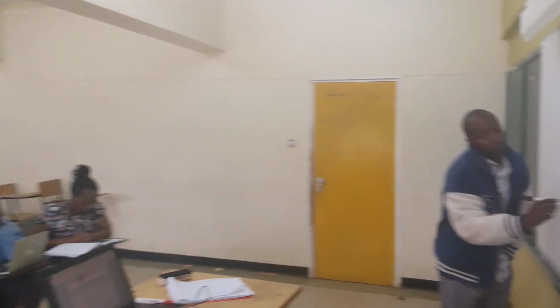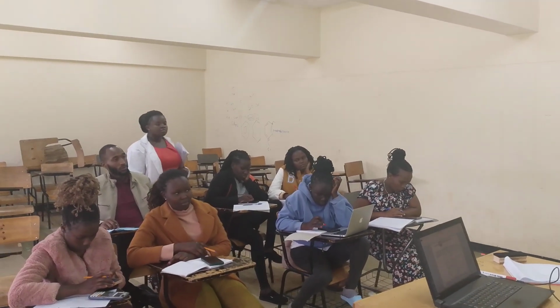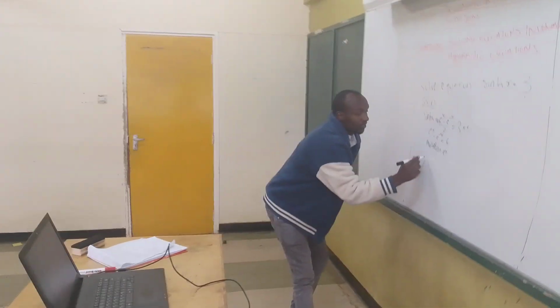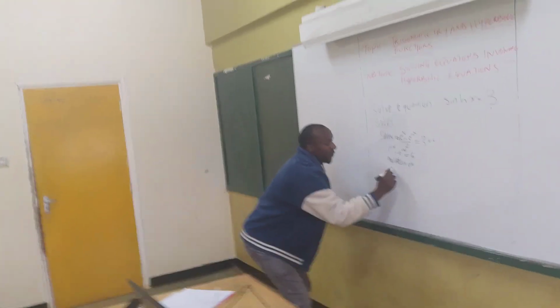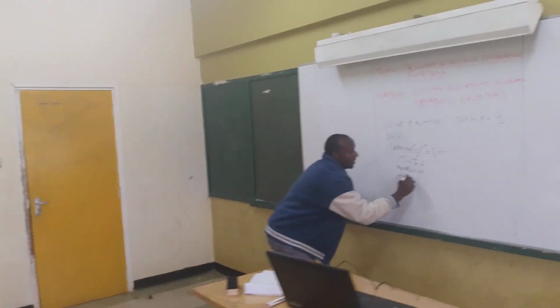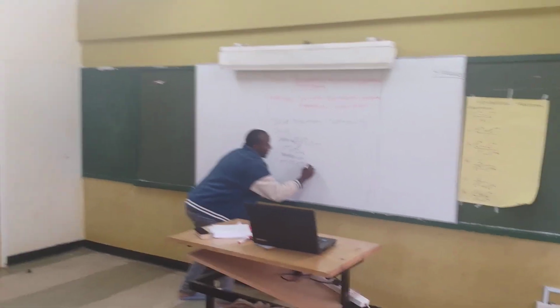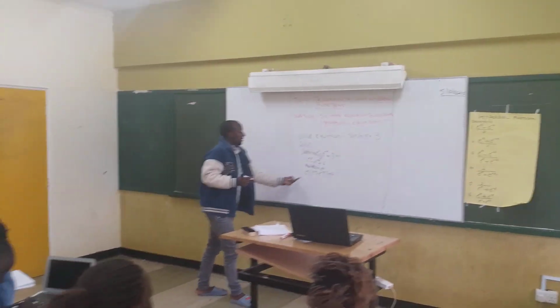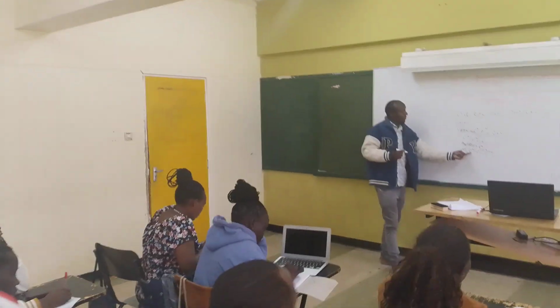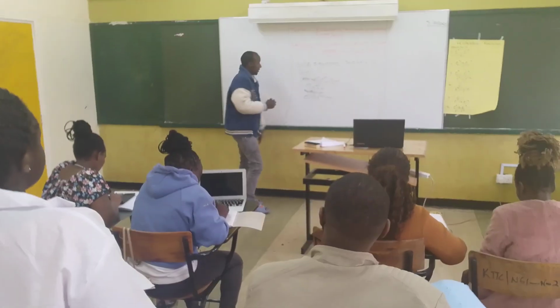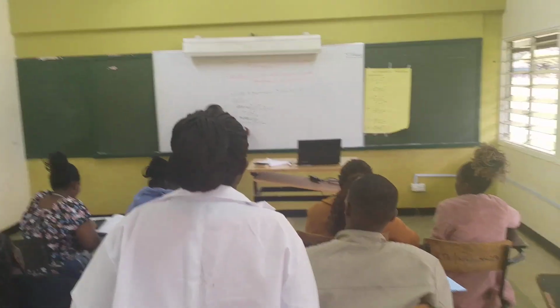So we multiply this equation by e raised to x. So it will be e raised to x times e raised to x minus e raised to negative x times e raised to x is equal to 6 times e raised to x. E raised to x multiplied by e raised to x gives exponential 2x.